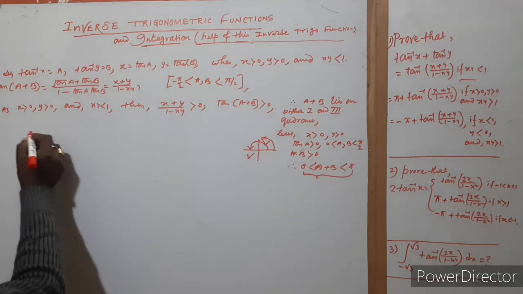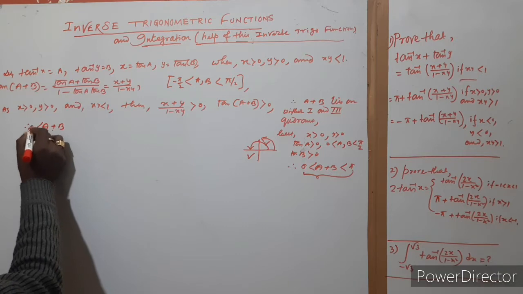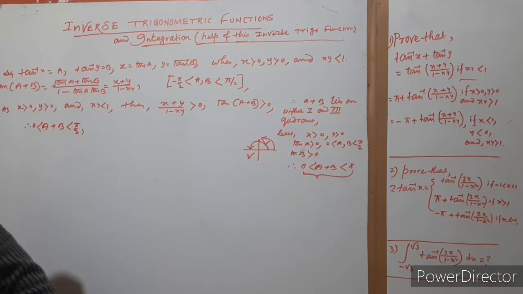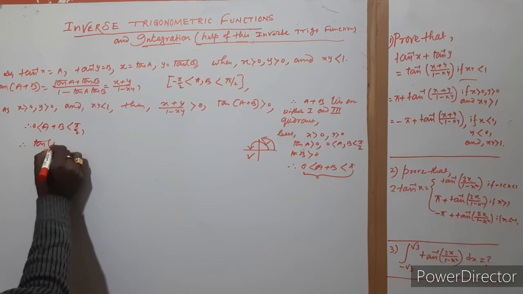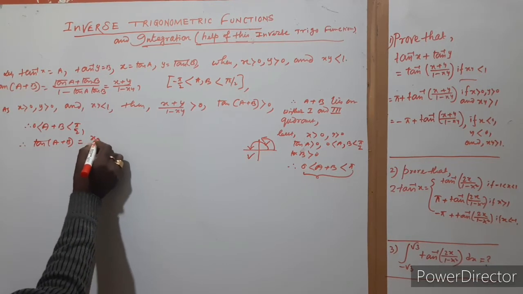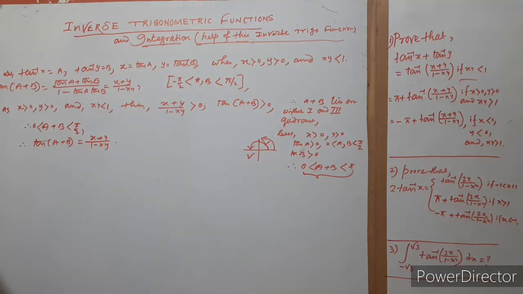Therefore a plus b lies in 0 to pi by 2. Therefore we can write tan a plus b is equal to x plus y by 1 minus xy.